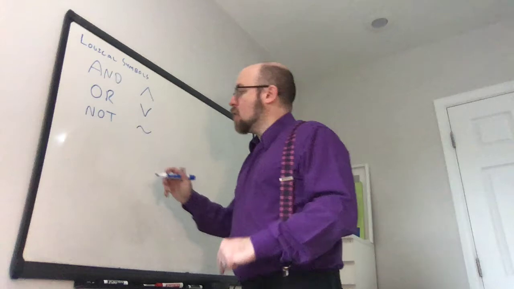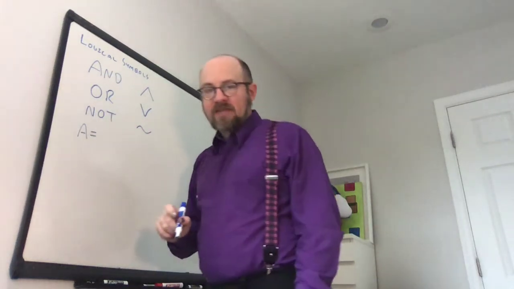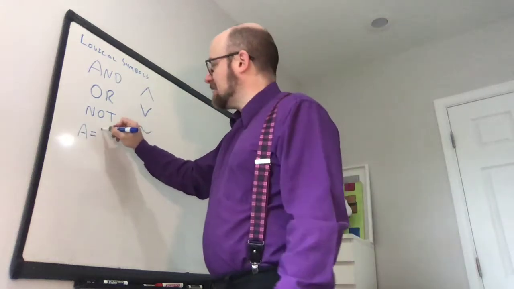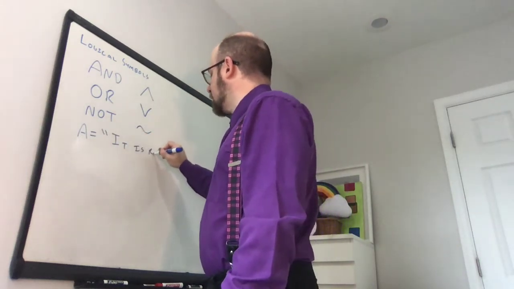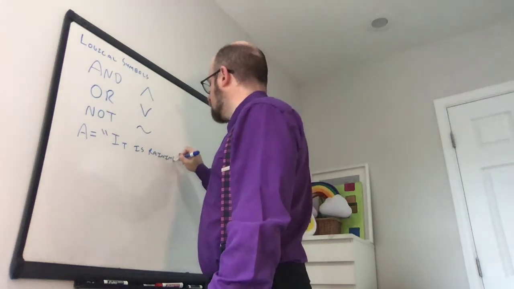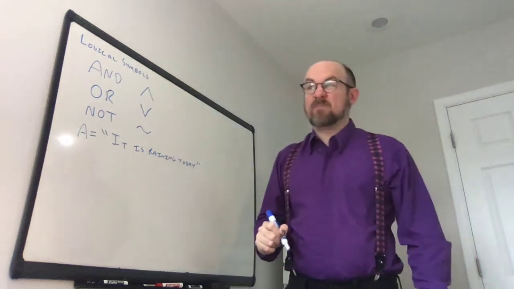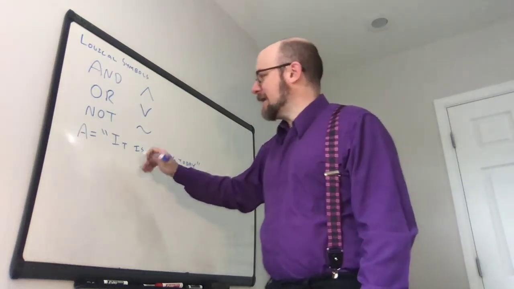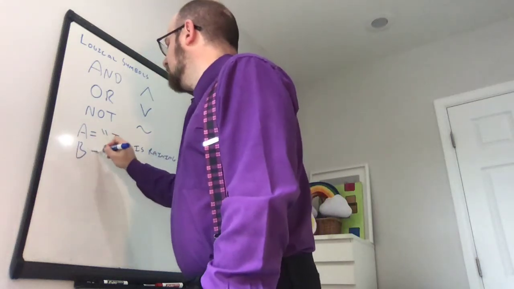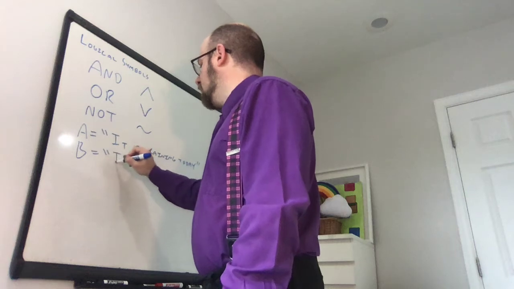For example, A is equal to it is raining today, which it is, at least the day that I'm recording these. B is, let's say, I will take a walk.